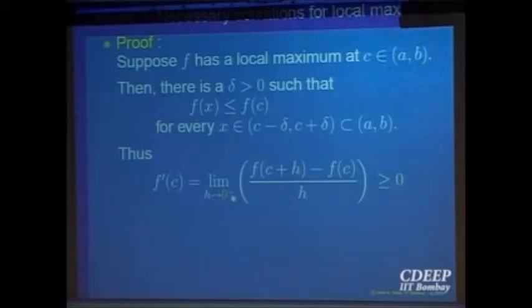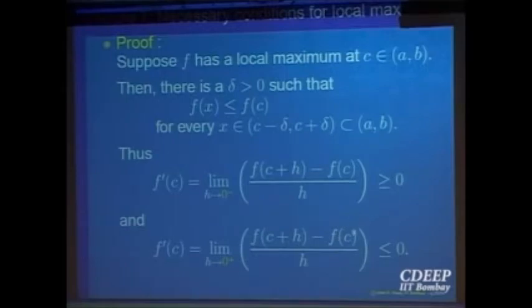Now it should be clear that we should look also at the right hand derivative. If we look at 0 plus, the numerator is negative and the denominator is positive, so the quotient is negative, so it will be less than or equal to 0. So the proof is quite simple and straightforward: local maximum or minimum allows you to compare the values of the function in a neighborhood of the point with the value at that point, f of x minus f of c, or f of c plus h minus f of c.